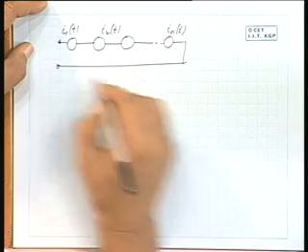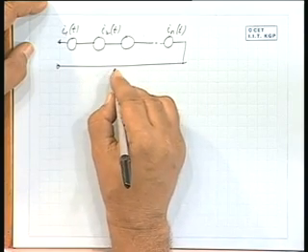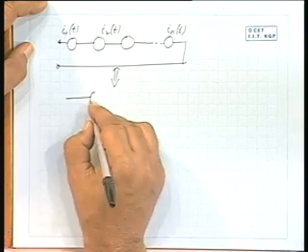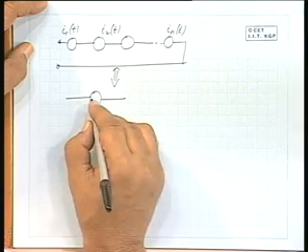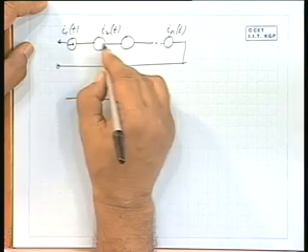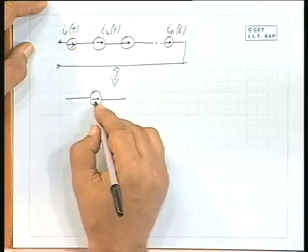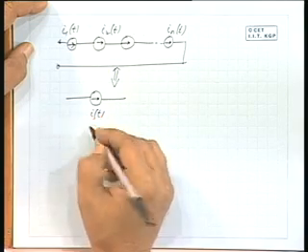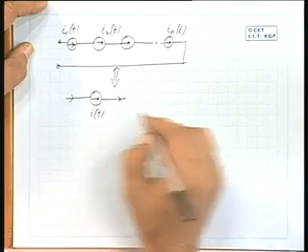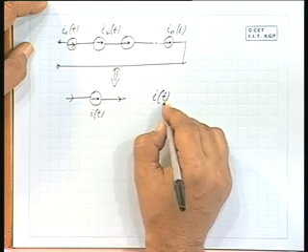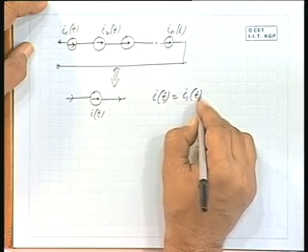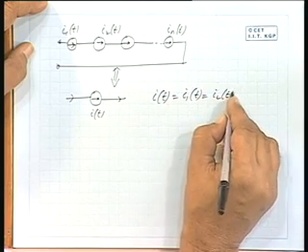This is equivalent to, let us put the symbols, IT, where IT is equal to I1T equal to I2T and so on.